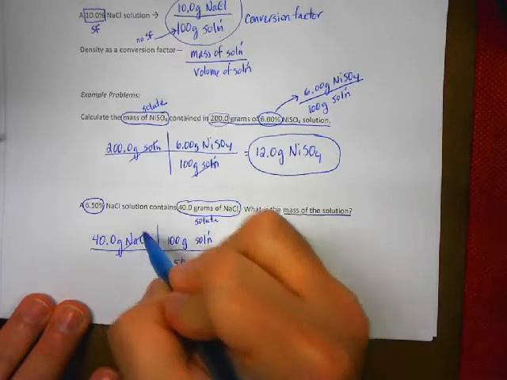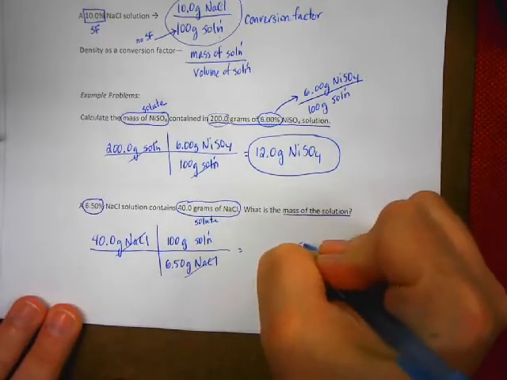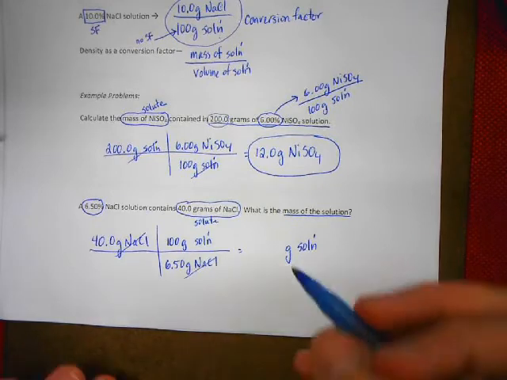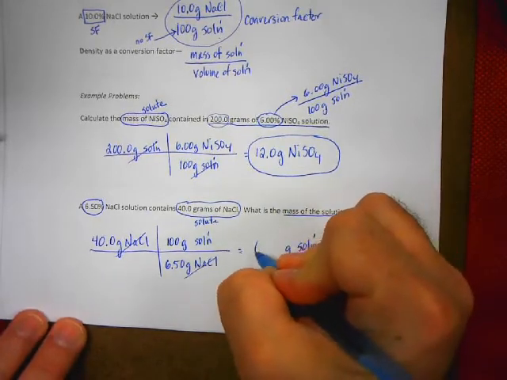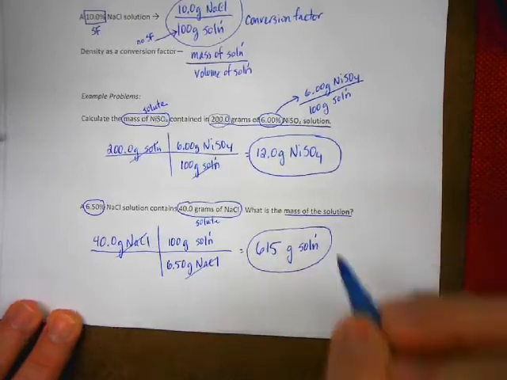So our grams of NaCl cross out. We're left with grams of solution as our unit, and now we have to do the math. You can go ahead and pause and see if you get the same answer as I do. So I got 615 grams of solution as our answer.